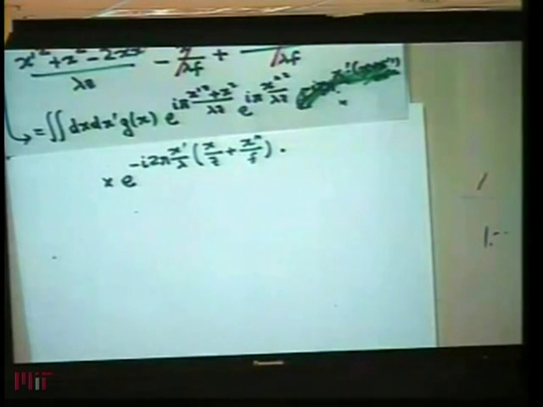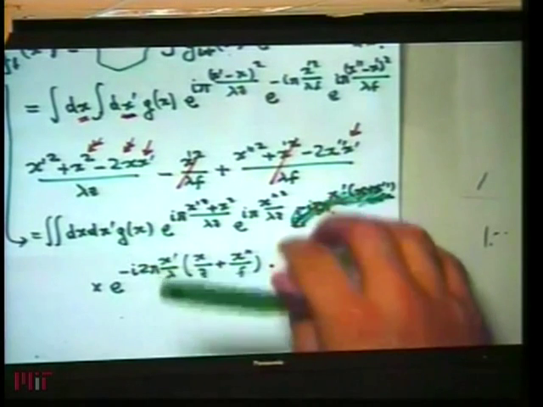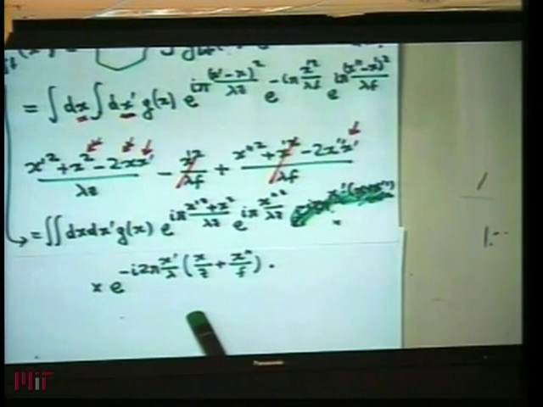Is there any glaring integral that popped up here? What is here, we have an integral of another exponential, right?